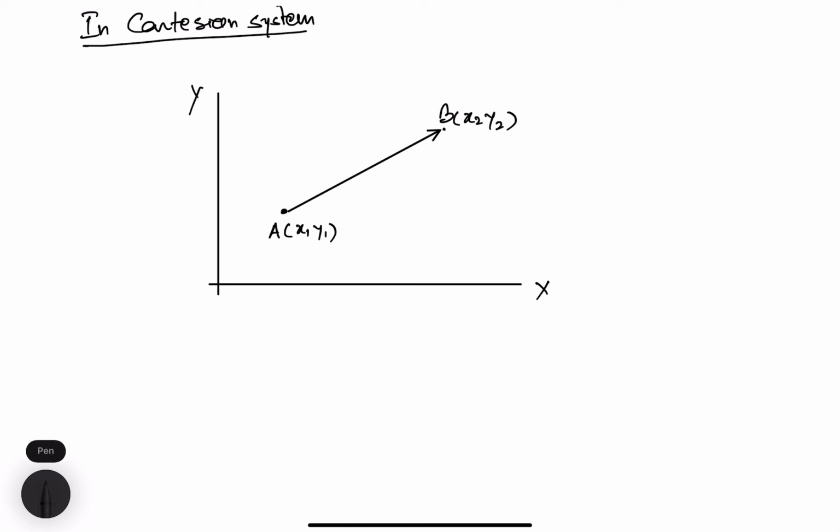I draw a vector between A and B. I call this vector AB. My question is, how do I write vector AB using Cartesian coordinates? Okay. So this is very straightforward.